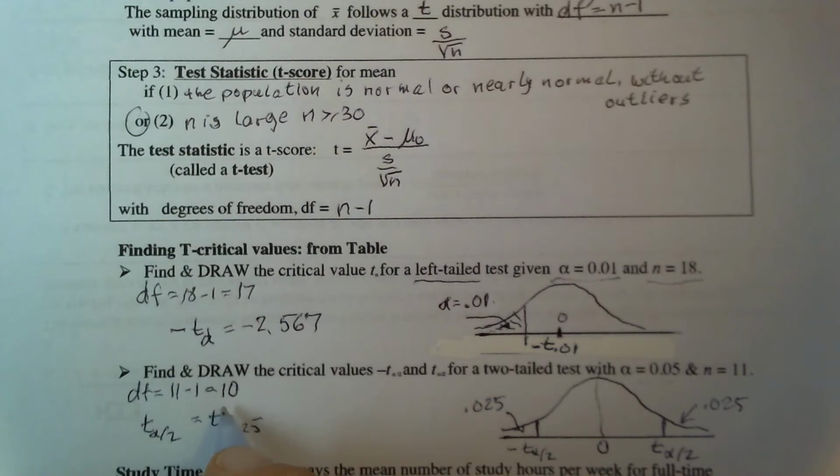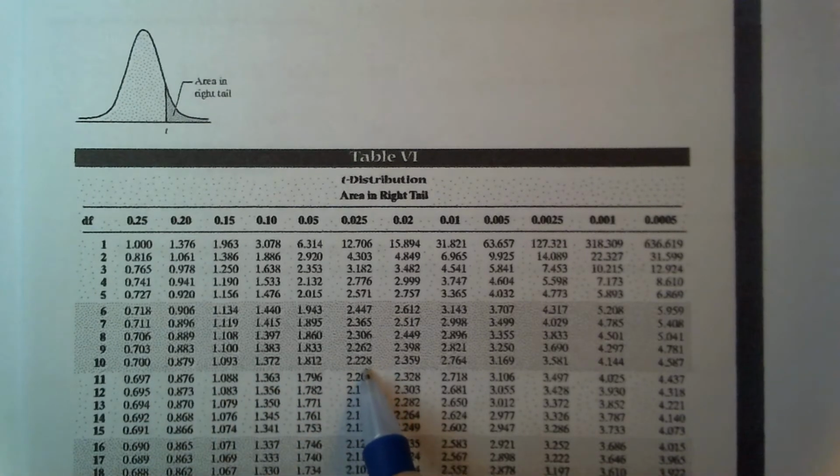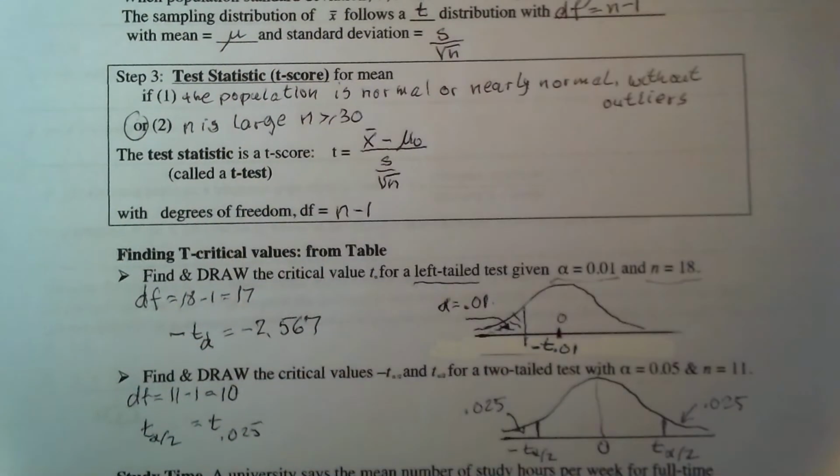And for 10 degrees of freedom, so we go to 10 degrees of freedom, and we go to 0.025, and we find it's equal to 2.228, plus or minus, well, plus 2.228, and for the minus value we have minus 2.228.